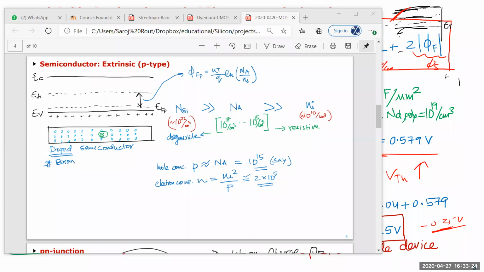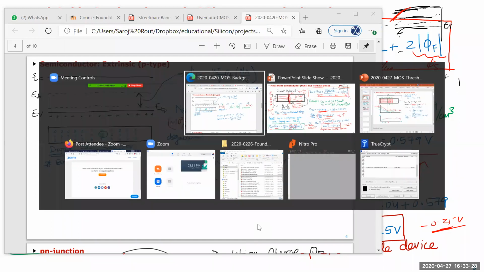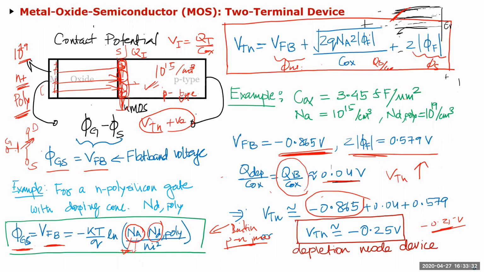Sir, in case of inversion, when it is inverted to N type, as VG increases, the electron concentration on the surface also increases.